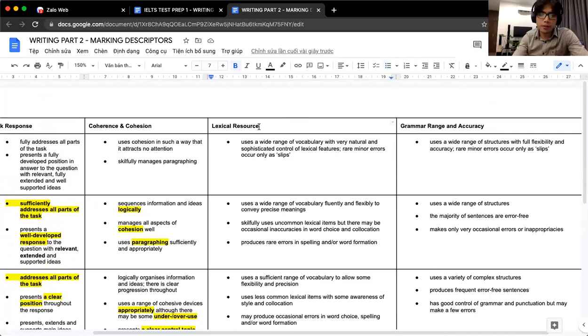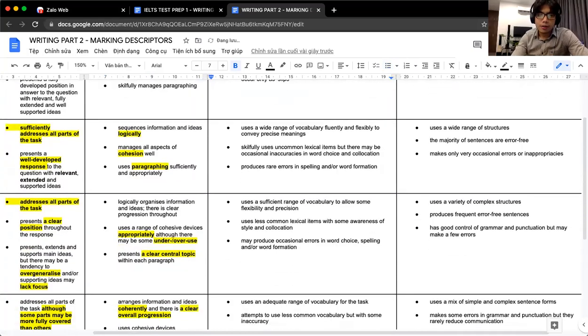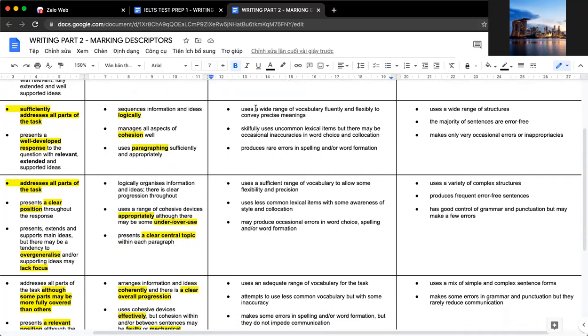Lexical resource is basically talking about vocabulary. So what is required by name? You need a wide range. Notice, a wide range of vocabulary. You use it fluently and you use it flexibly to convey precise meaning.